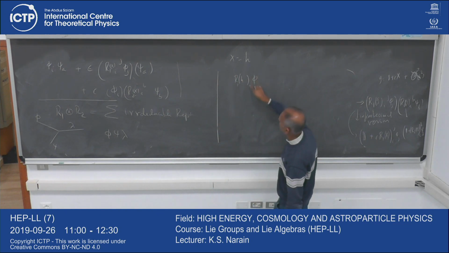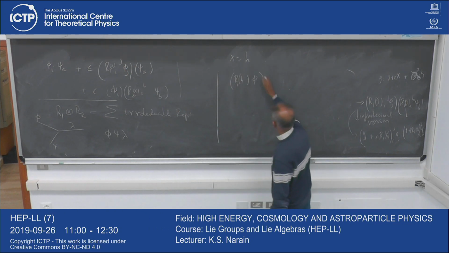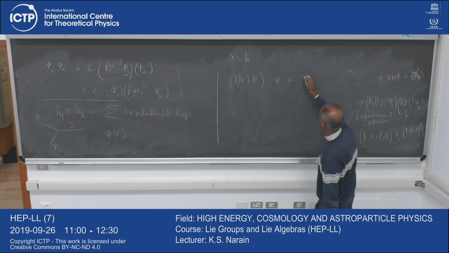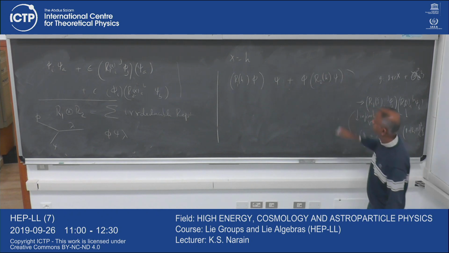I will not write the indices, it's clear that this index is a summation. Plus you get phi times R2(H) acting on psi. Okay, so this is what you get.